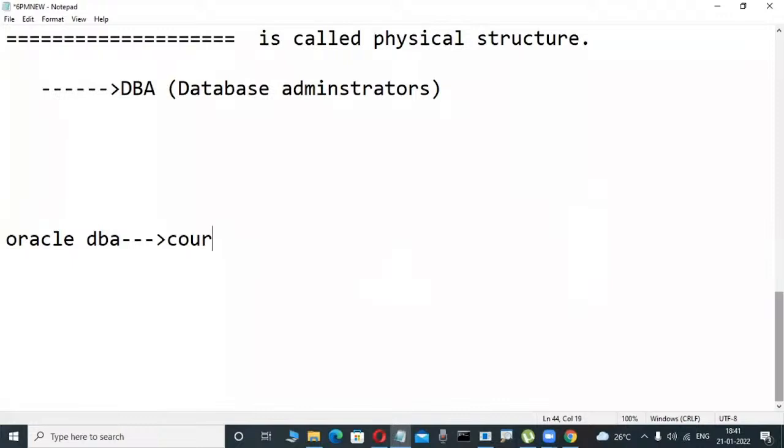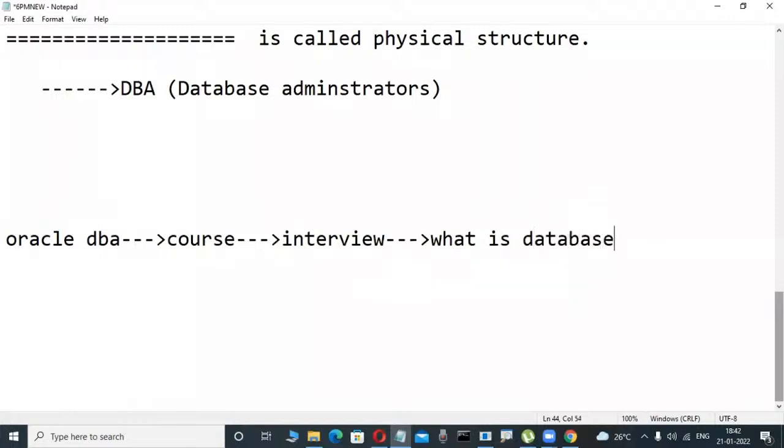Whenever I apply for the job, I attend an interview. Roughly, my interviewer asks, Murali, what is database?